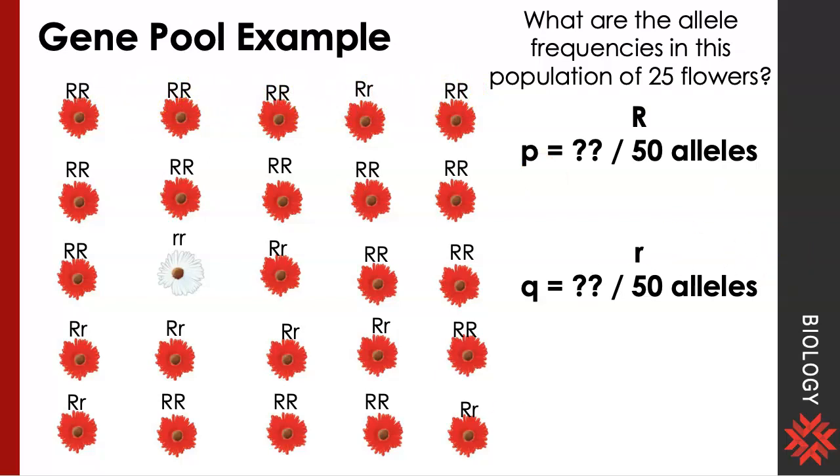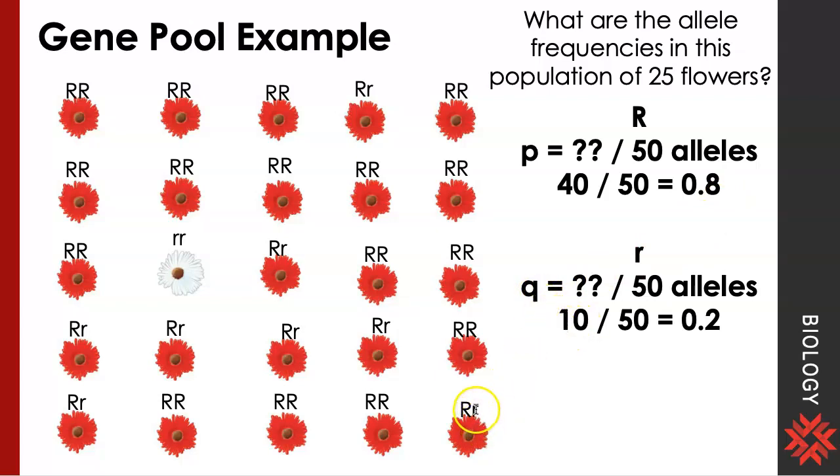We're going to go through and count how many little r's are there in the population. Once you've counted, you'll see that there's 40 out of the 50 alleles are big R. And if you plug in 40 divided by 50 on your calculator, you'll see that that gives you an allele frequency of 0.8.